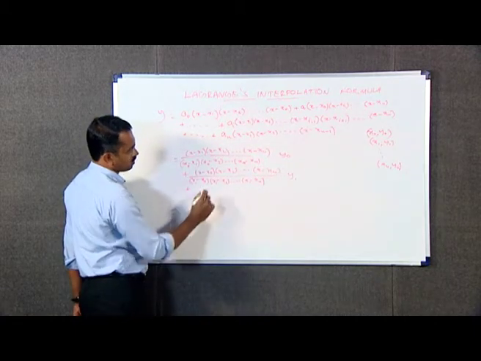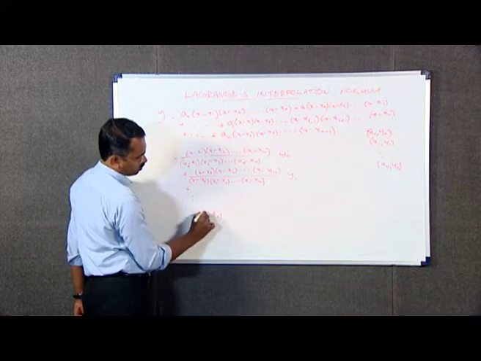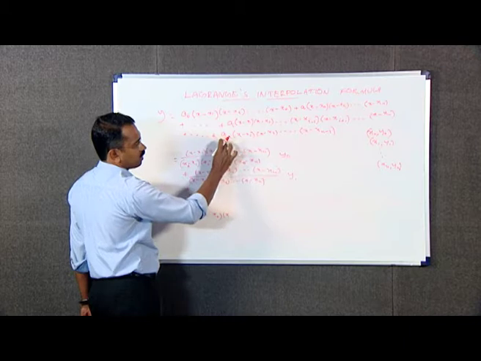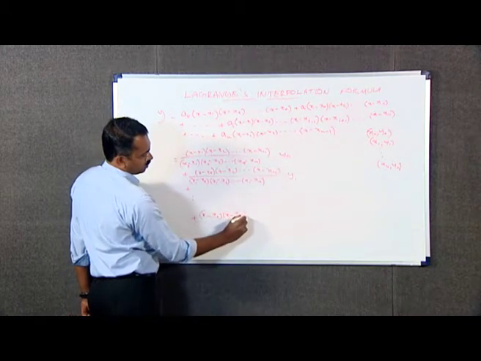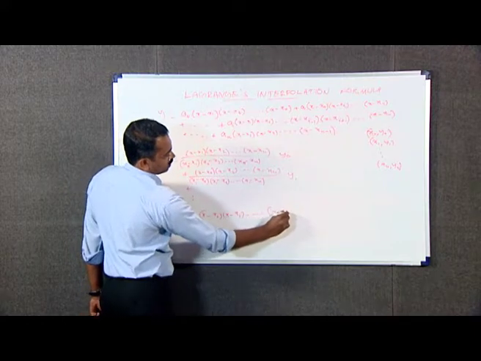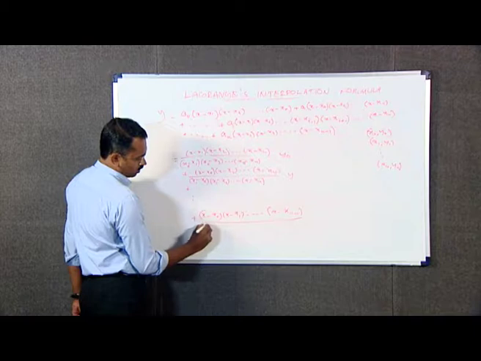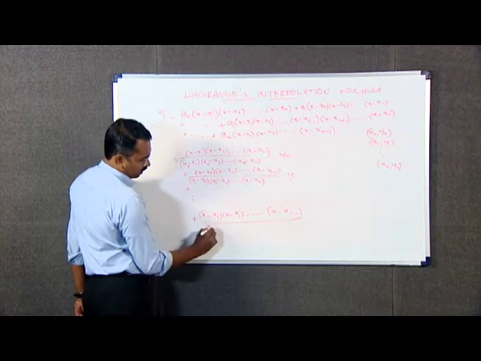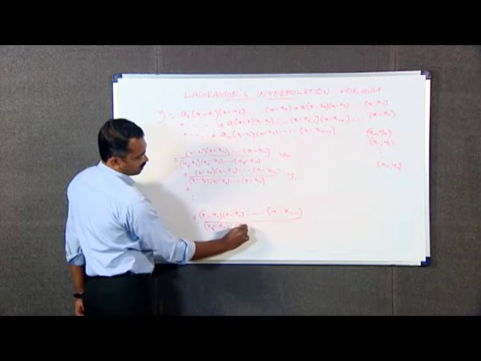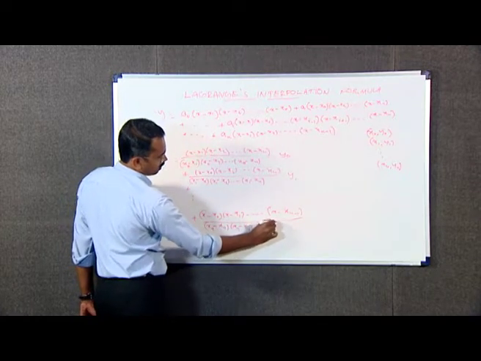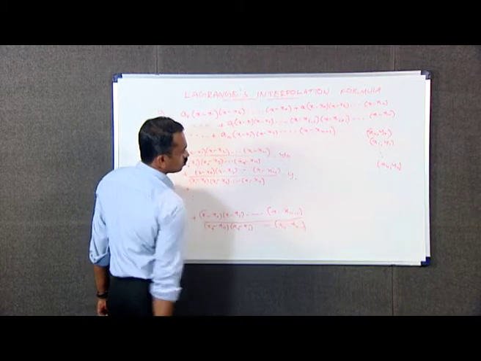The last term will become, the value of n, (x minus x0) into (x minus x1) into etc. (x minus xn minus 1), divided by (xn minus x0) into (xn minus x1) into etc. (xn minus xn minus 1), into yn.